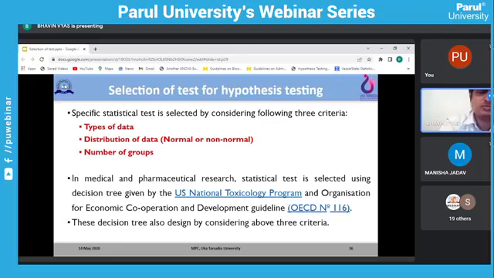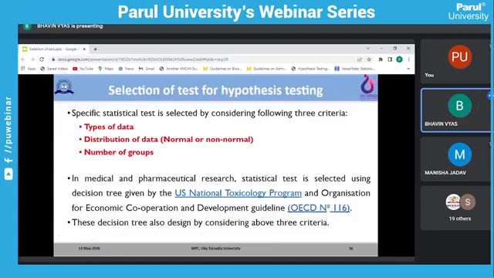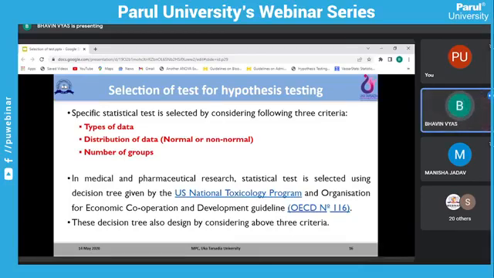The second way of selecting a test is to know what type of data you have, how it is distributed, whether normally distributed or not, and what the number of groups is. This is another way of selecting a hypothesis test. What type of data? Either nominal data, ordinal data, or continuous data.